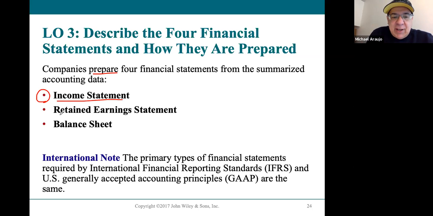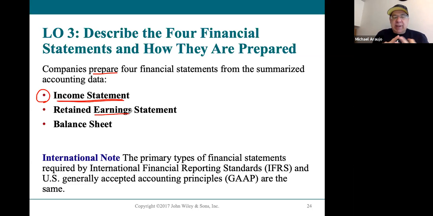Well, profit on the income statement is called net income. There are some terms that are interchangeable that you kind of need to know. Net income and profit mean the same, but also the word earnings means profit as well.